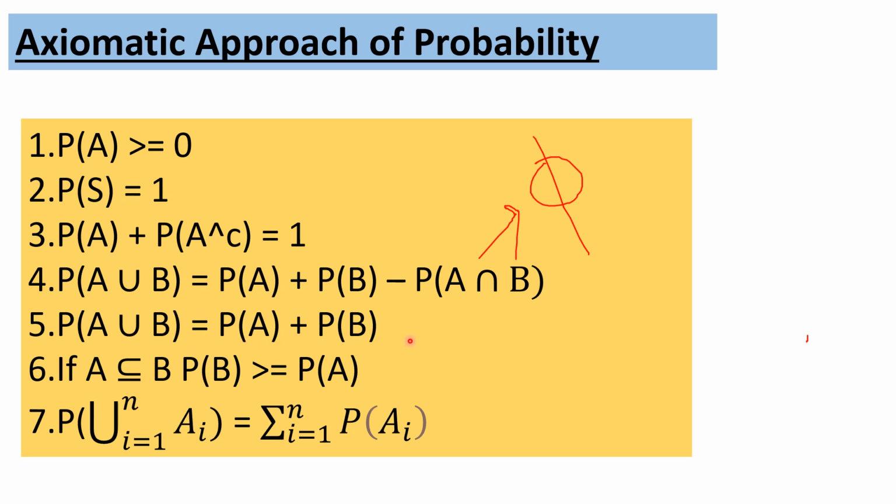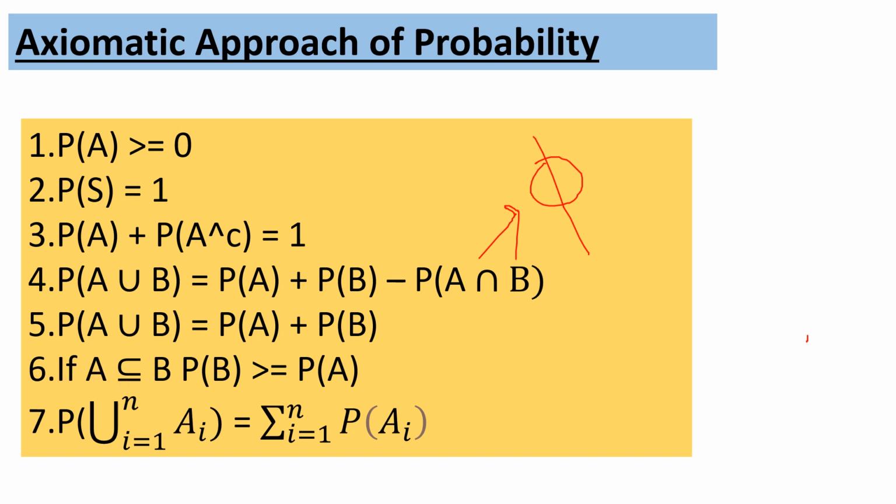And the sixth axiom, if A is a subset of or equal to B, then probability of B is greater than or equal to probability of A, which is true. Here A is a subset and B is the superset.